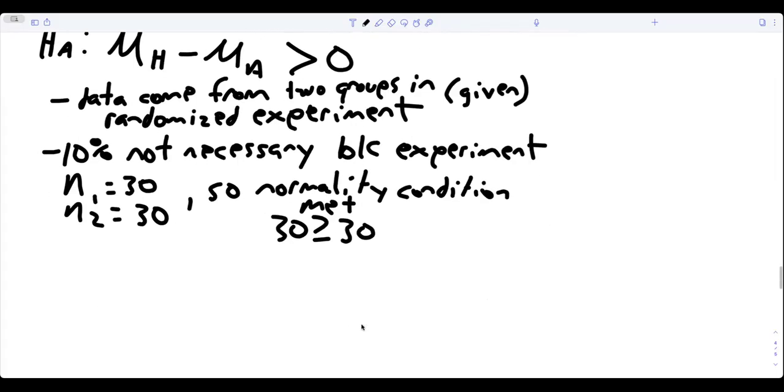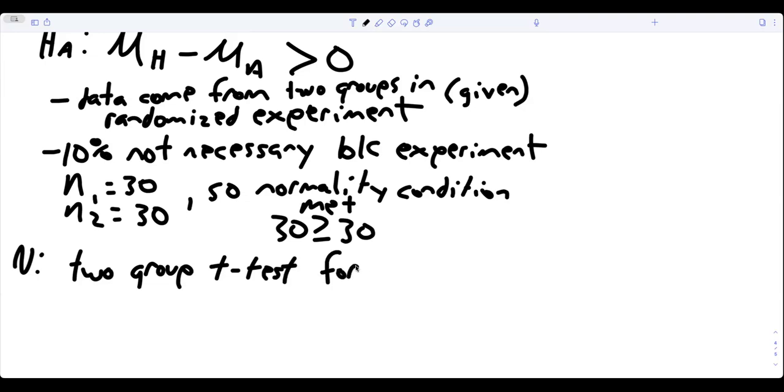Okay, and so this is my name. Okay, so ironically, what's the name? 2 sample t-test. So let's say 2 group t-test for means. I'll put sample here in parentheses.